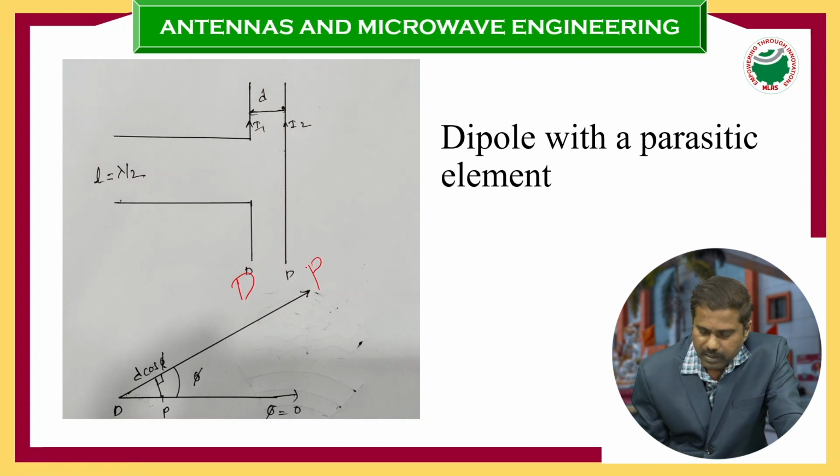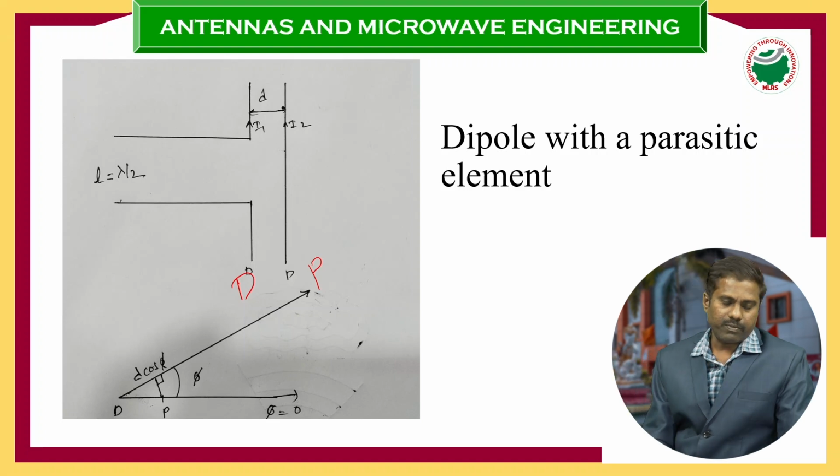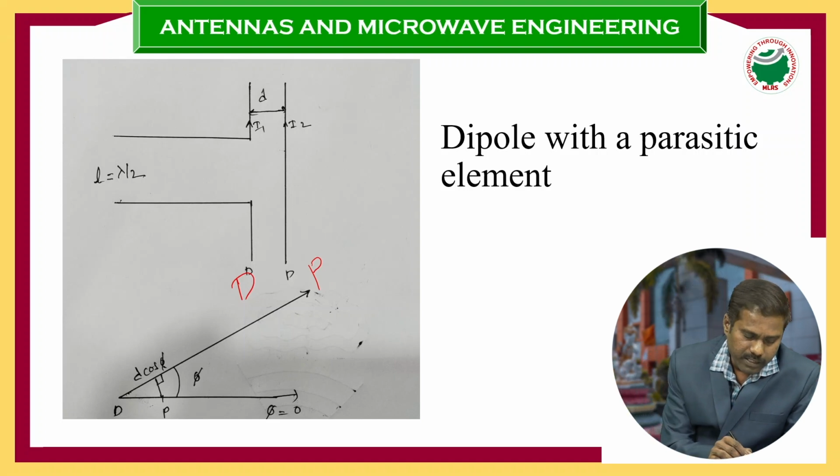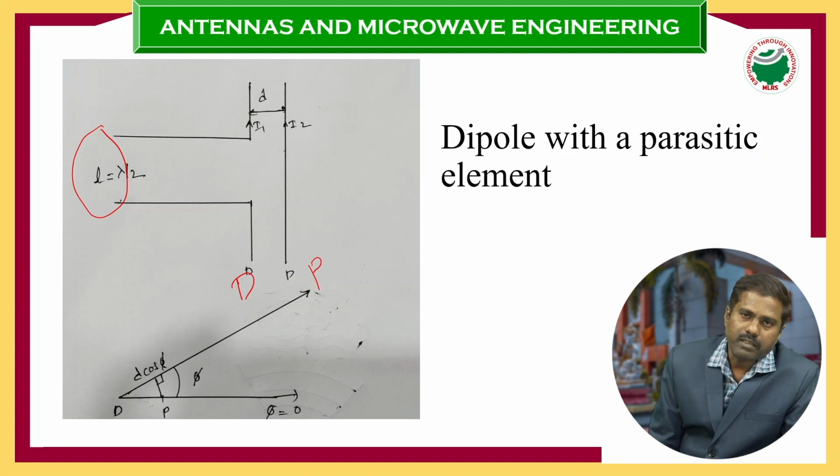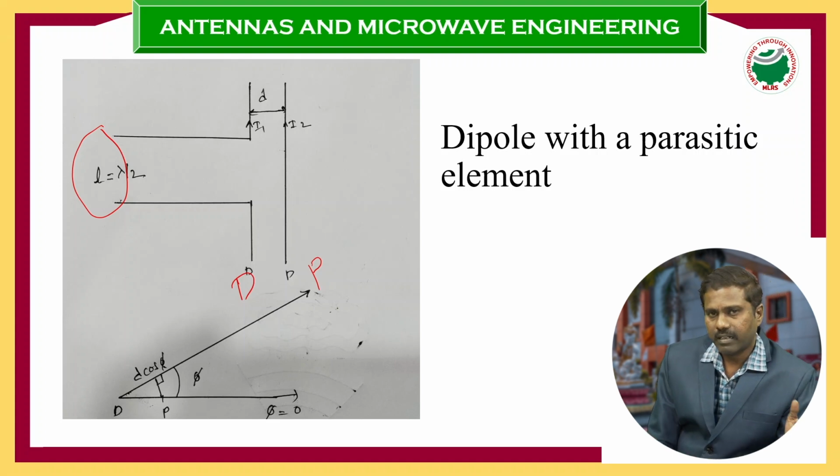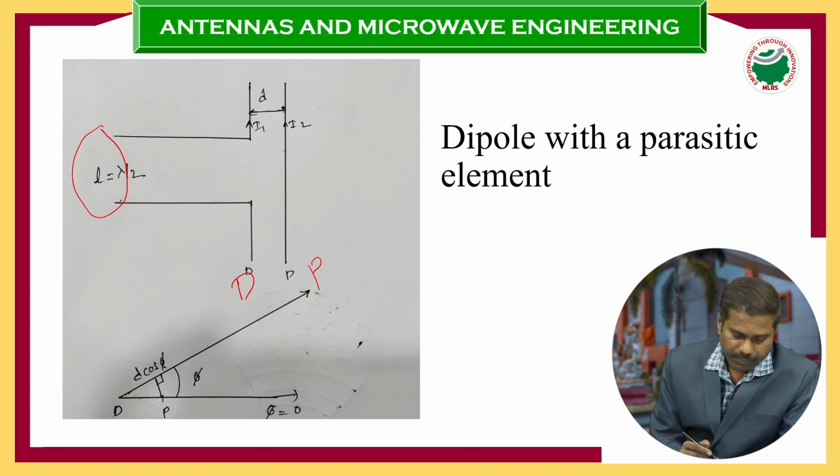Now, we just discussed the mechanism of radiation. The radiation is generated in between the transmission lines, and it is detached from the radiator at the end side. This one is called the dipole, which is having the transmission lines.